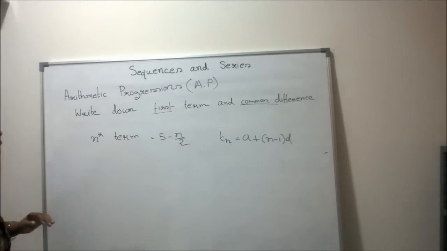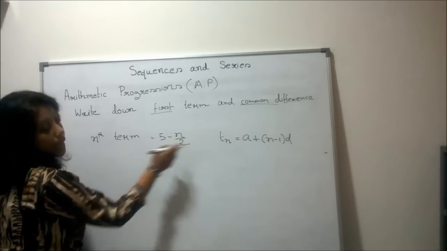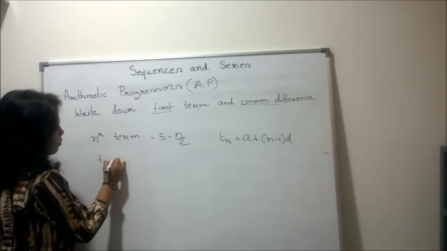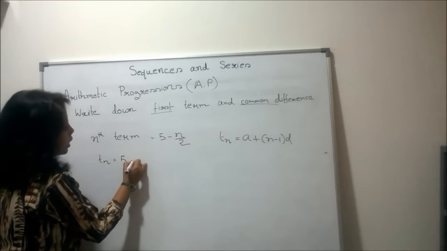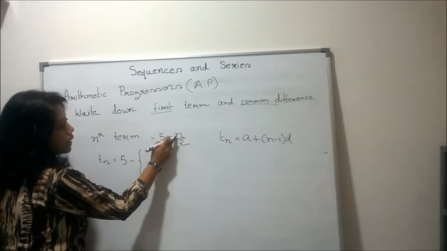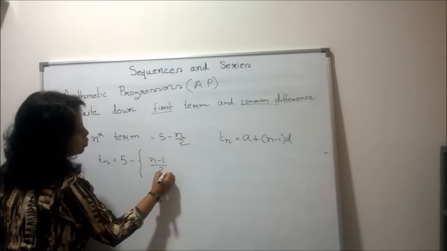So you see here, in place of n, in any way we have to bring n minus 1. Okay. So here Tn we will write 5 minus, we are taking in place of n minus 1, so that is n minus 1 by 2.